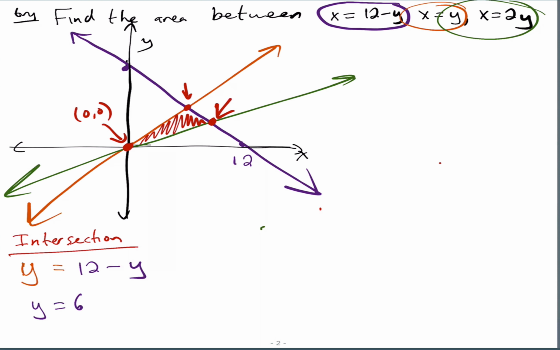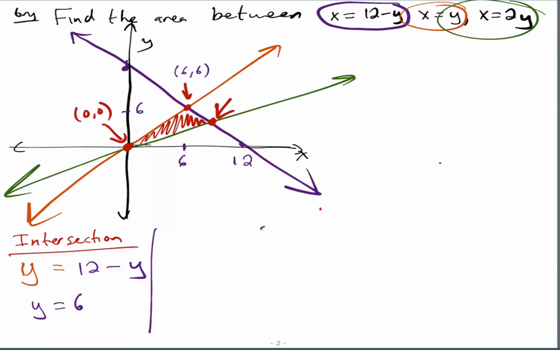Okay? So this is 6. And then what is x? Where do I get that from? Yeah, plug it into either one, right? So x equals 12 minus y or x equals y, either one. That's one of them, right? And then we have another one.